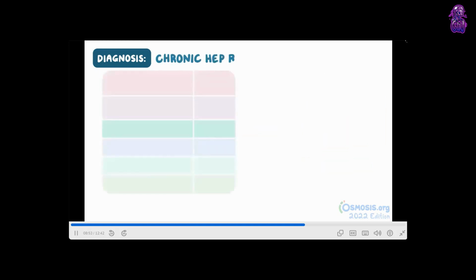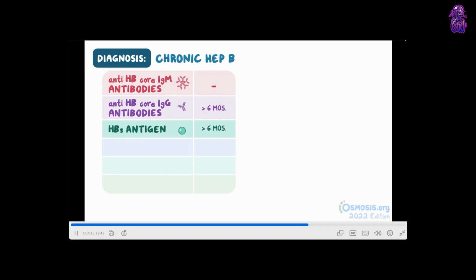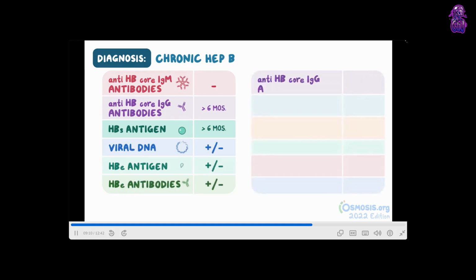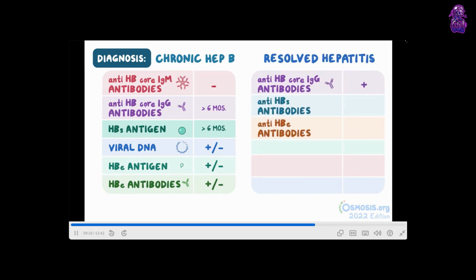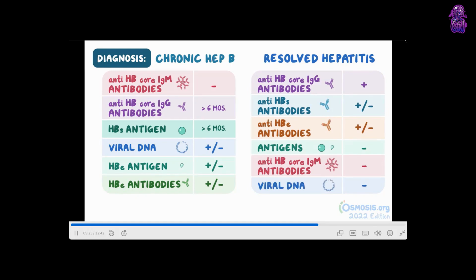In chronic hepatitis B, anti-HB core IgM is negative, while anti-HB core IgG antibodies and HBs antigen are present for longer than 6 months, and viral DNA can also be detected. HBe antigen and antibody can be present as well. Anti-HB core IgG antibody is the marker of resolved hepatitis. Anti-HBs and HBe antibodies can also be present, but no antigens, anti-HB core IgM, or viral DNA are present.